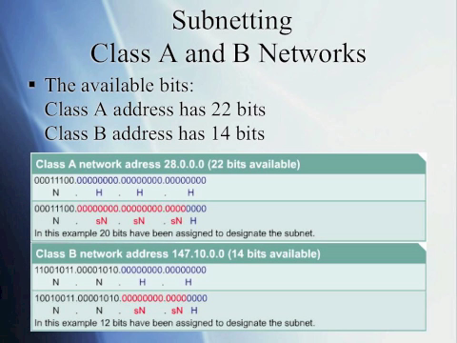To the power of 12, 4096. So we're just off by 1 there, but that's a big number. How many networks are we creating? 4,096 total networks. We can only use 4,094, but we got a lot of networks.